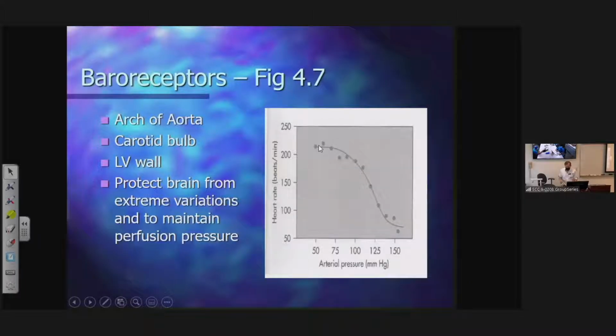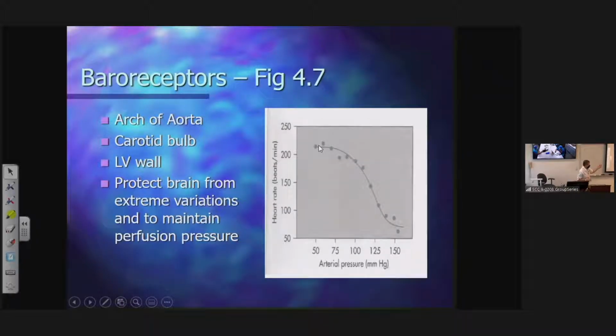And if you have high blood pressure, the brain says, hey, I don't want that pressure up here. So it'll reduce the sympathetic tone and increase the parasympathetic tone to slow down the heart rate to lower the pressure.